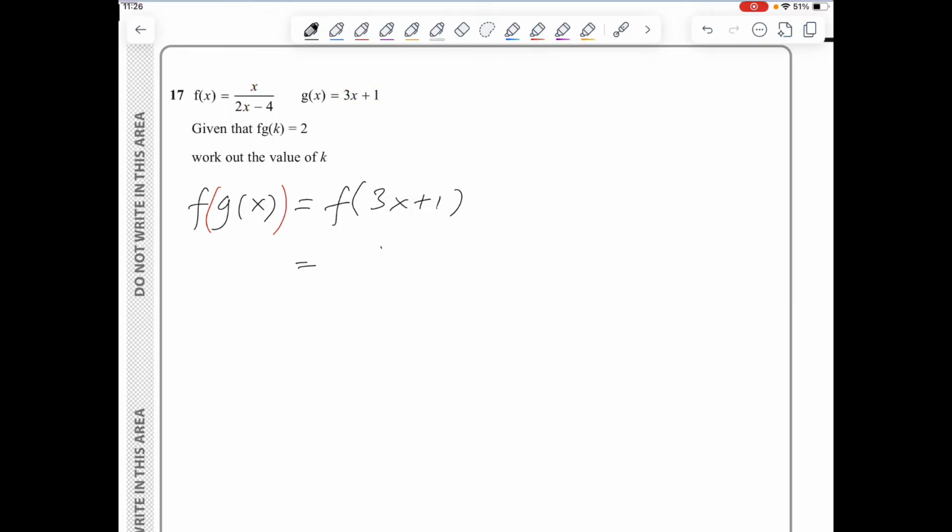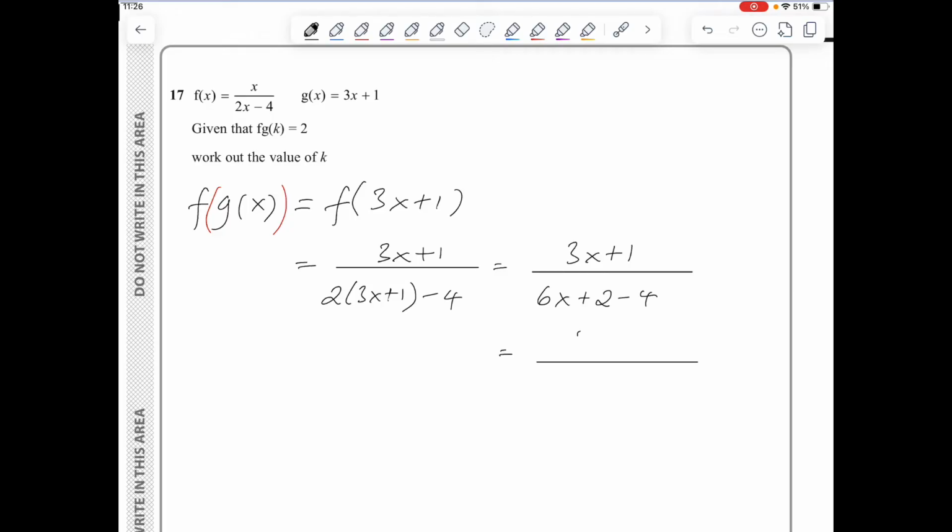So I get 3x plus 1 over 2 times 3x plus 1 minus 4. So let's simplify this now. This is equal to 3x plus 1 over 6x plus 2 minus 4, which gives me a fraction 3x plus 1 over 6x minus 2.